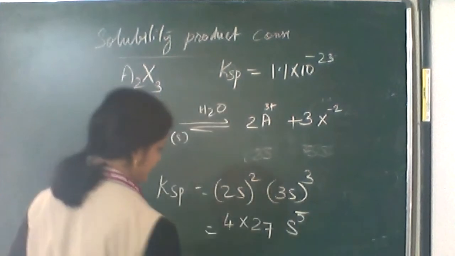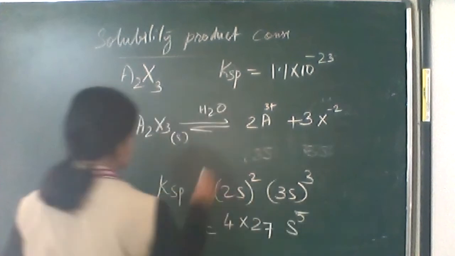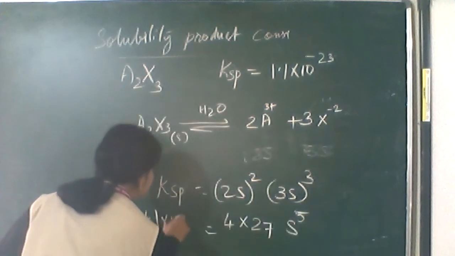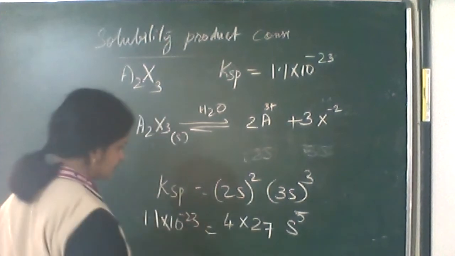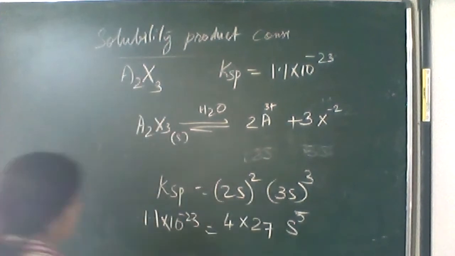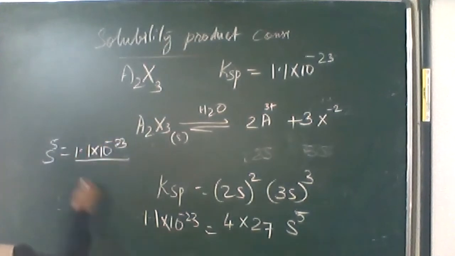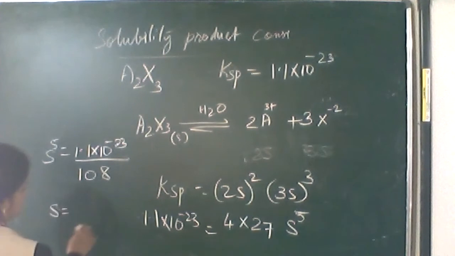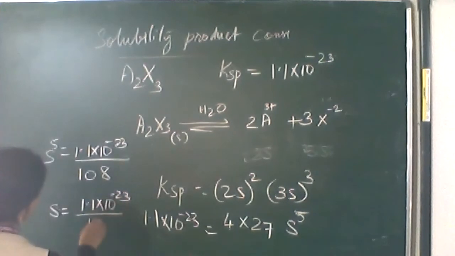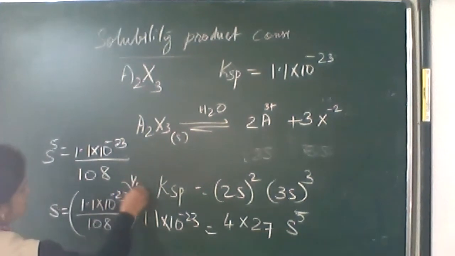S to the power 5. The Ksp value is given. What is the Ksp value? 1.1 into 10 to the power minus 23. So S to the power 5 is equal to 1.1 into 10 to the power minus 23 divided by 108, or S is equal to 1.1 into 10 to the power minus 23 divided by 108 raised to 1 by 5.